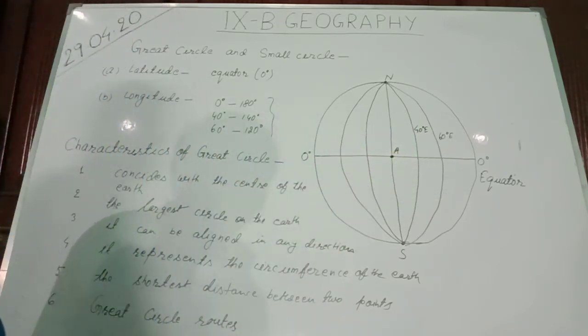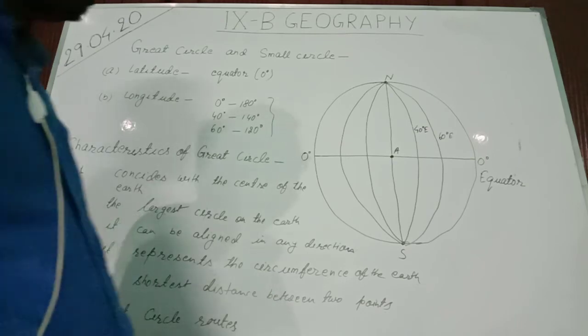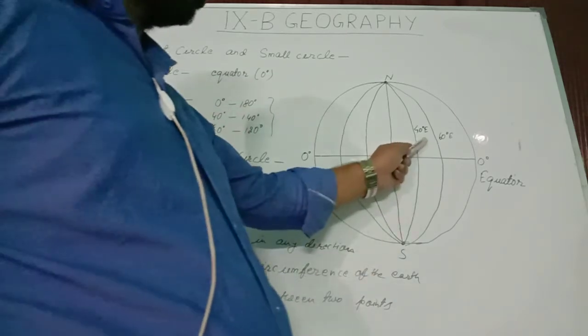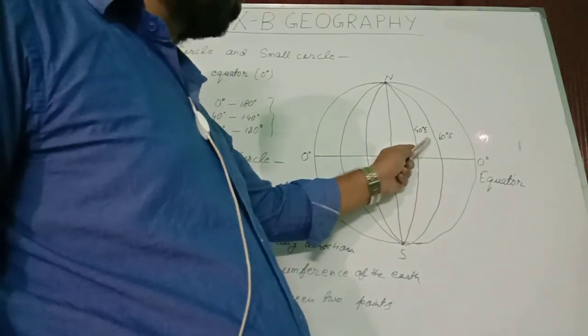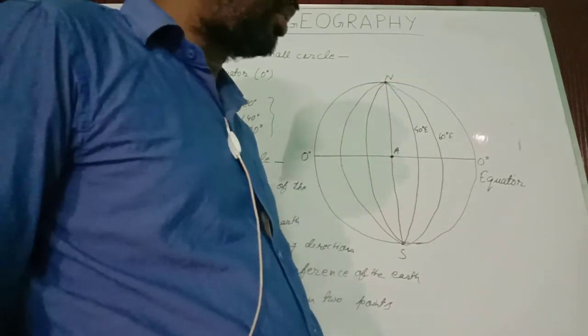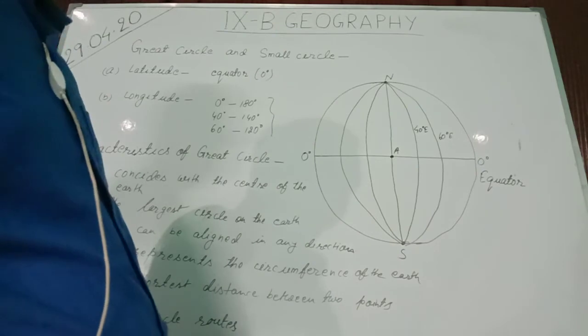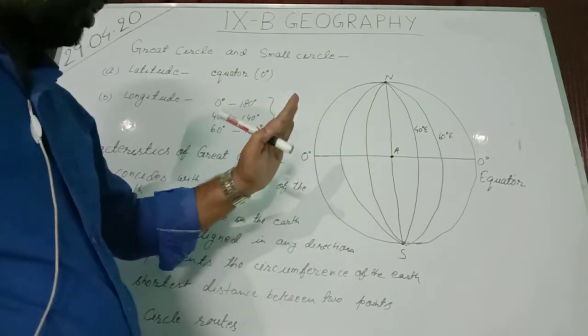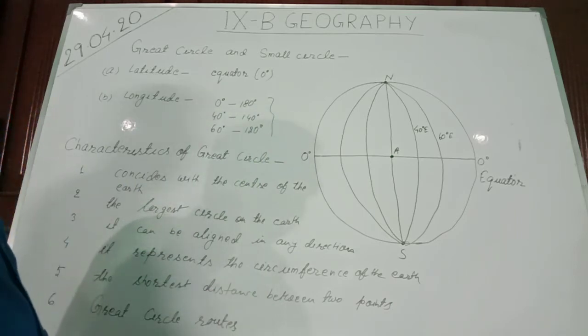So this is the largest circle drawn on the earth. Third is, it can be aligned in any direction. In the eastern hemisphere also you can draw, and in the western hemisphere also we can draw the great circle, but we have to combine the opposite longitude of that longitude that is visible in front of the globe.